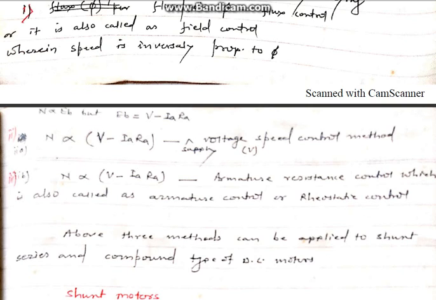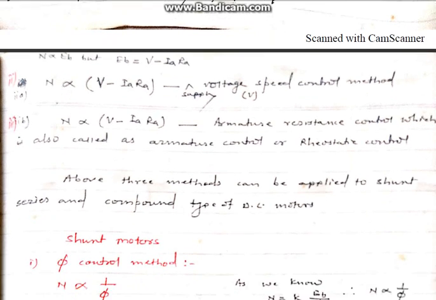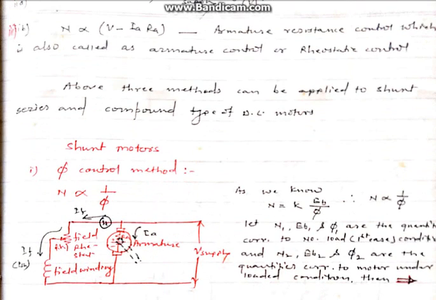If you increase RA, this factor decreases and correspondingly the speed decreases. If you decrease RA, this factor increases, which increases the speed. This method of controlling the speed is called the armature resistance control method, also called the armature control method or rheostatic control method.